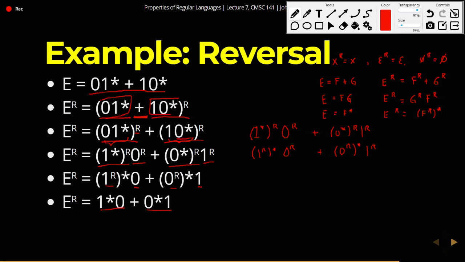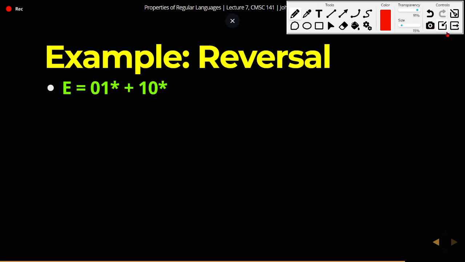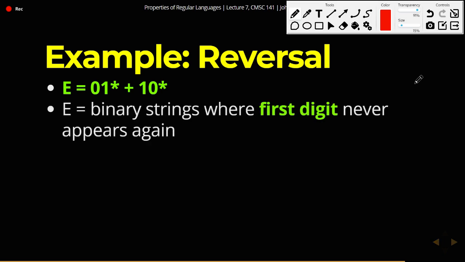Okay, so since we have produced a regular expression for the reversal, then the reversal is also a regular language. So if we erase all of this, we were given 0, 1 star plus 1, 0 star, and this was the set of binary strings where the first digit never appeared again.